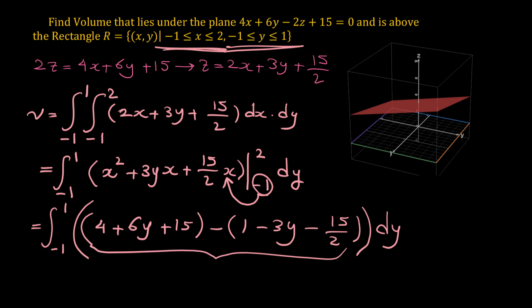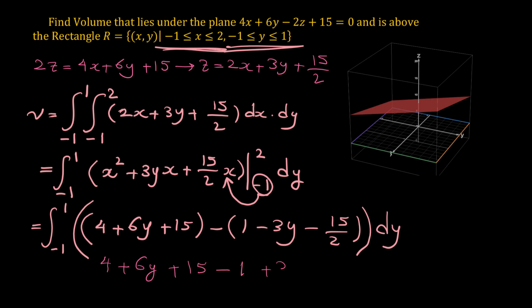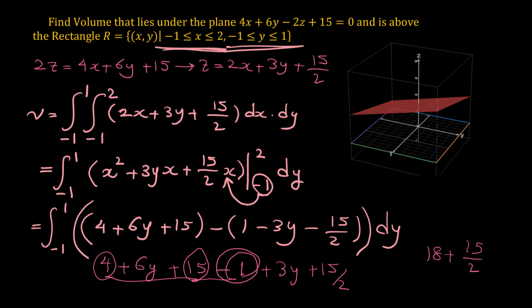Now we have to simplify this expression. We have 4 plus 6y plus 15 minus 1 plus 3y plus 15 over 2. 4 plus 15 is 19. 19 minus 1 is 18. 18 plus 15 over 2 is, if we do a common denominator, 18 is 36 over 2. 36 over 2 plus 15 over 2 in total is 51 over 2.